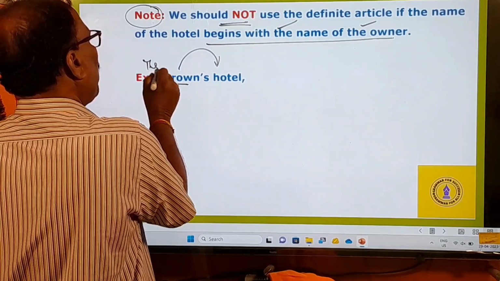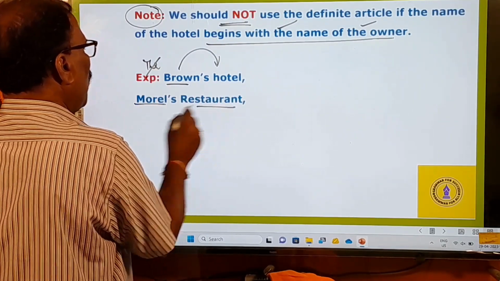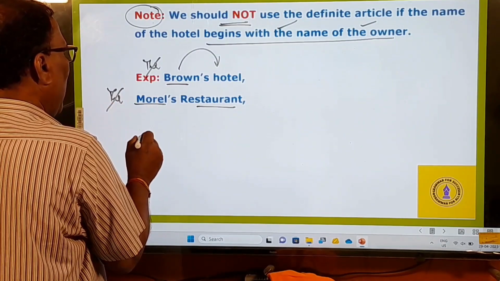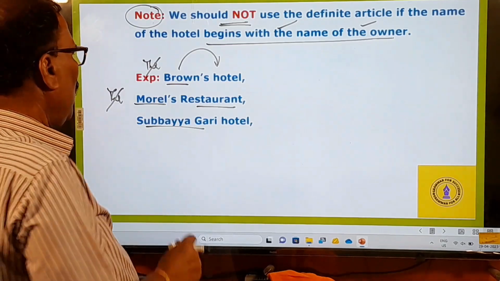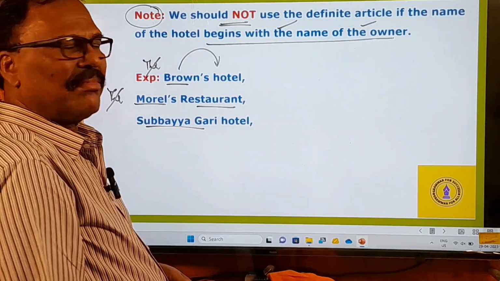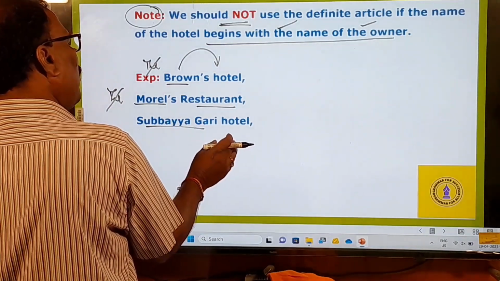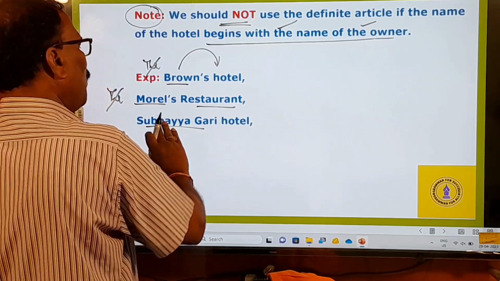We cannot say the Brown's Hotel. And here, Morel's Restaurant. Morel is also the name of a person. We should not use any article. And here in Hyderabad, there is a hotel called Subbaya Gari Hotel. Subbaya Gari is the owner of this hotel, and after the name of that owner, this hotel was given the name Subbaya Gari Hotel.